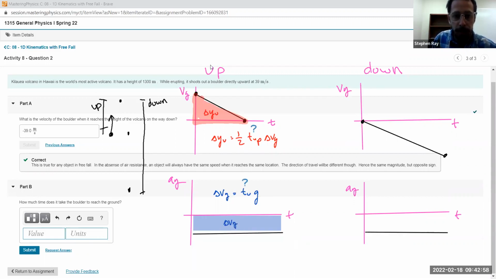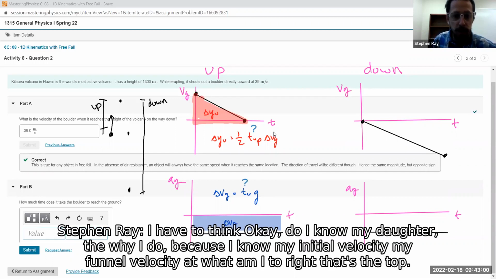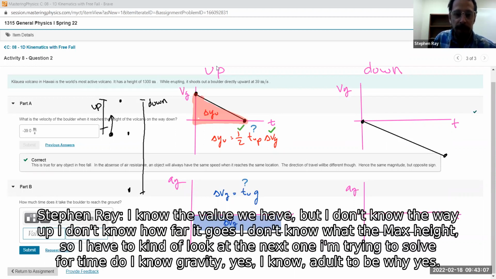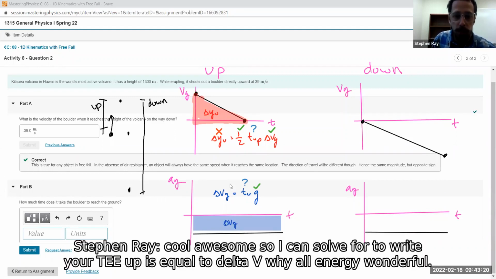If I look at the top one, I have to think, okay, do I know my delta vy? I do, because I know my initial velocity and my final velocity at y1 and y2. That's the top. I know the value of a half, but I don't know the y up. I don't know how far it goes. I don't know the max height. So I have to look at the next one. If I'm trying to solve for time, do I know gravity? Yes. Do I know delta vy? Yes. Cool.